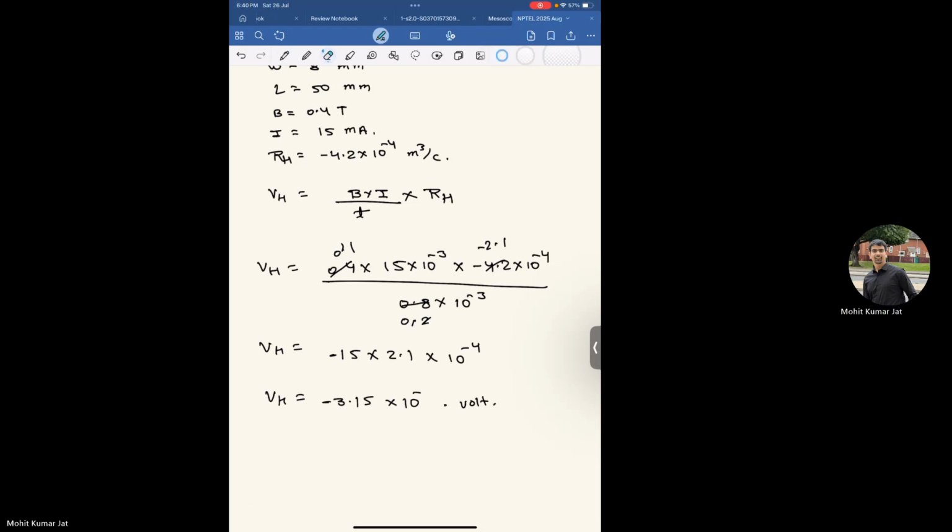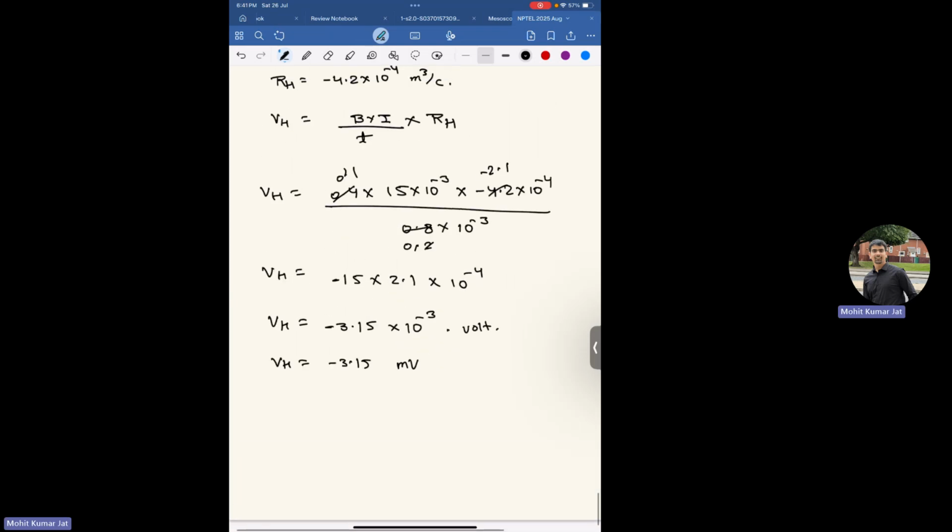Minus 3 volt. So VH you can write as minus 3.15 millivolt. Yeah. So if this is clear, then let's move on to the next problem.